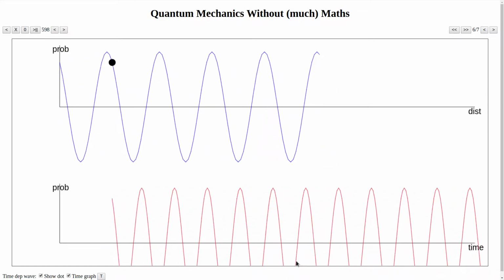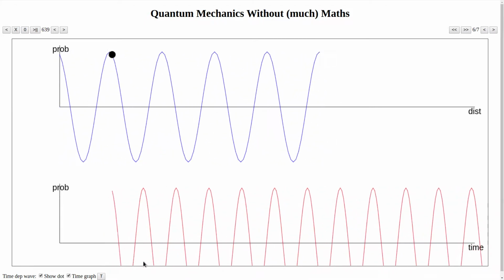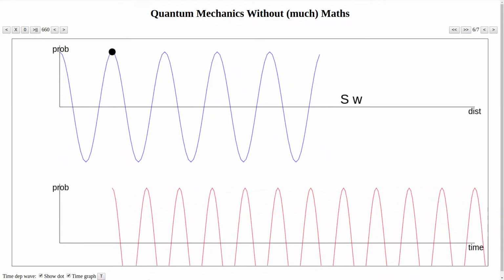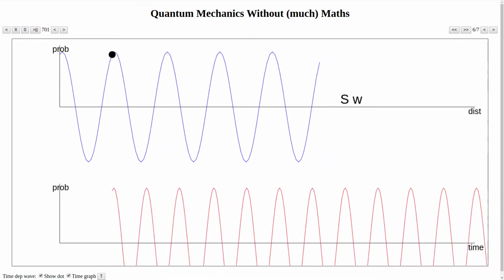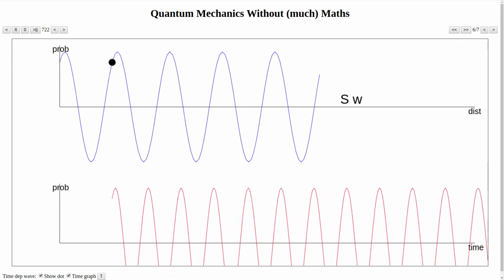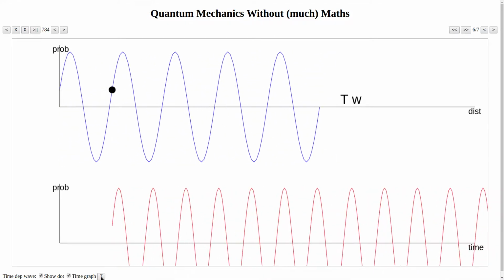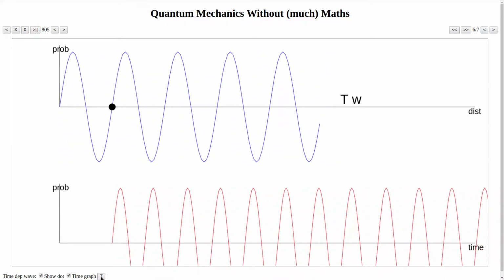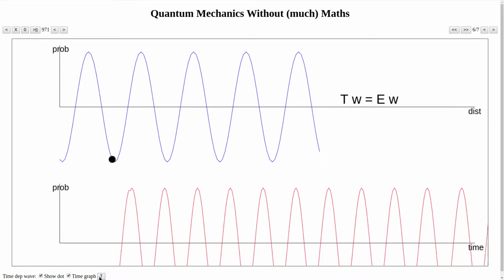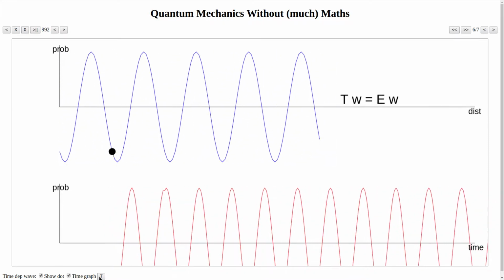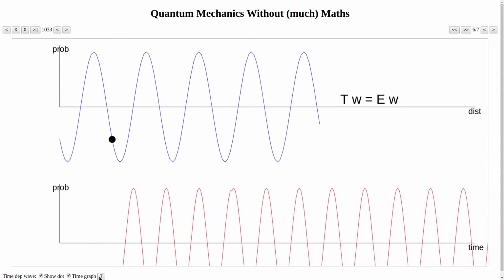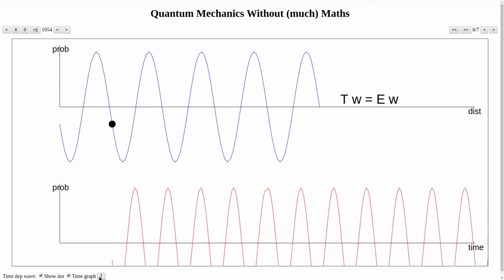Since we have a continuous red graph, we can apply the slope function to it as well. But as the slope is being taken with respect to time rather than distance, we'll give it a different name. We'll call it T for time operator instead of S for slope operator. Just as with the slope curve, we want to find wave functions that will give us the same wave function back times a measurement value.